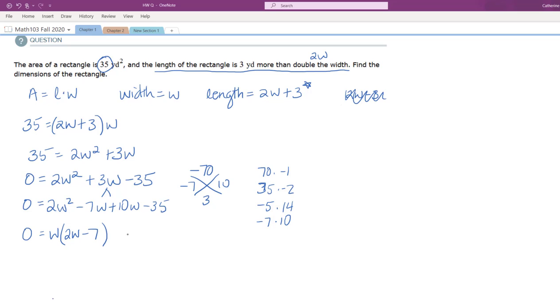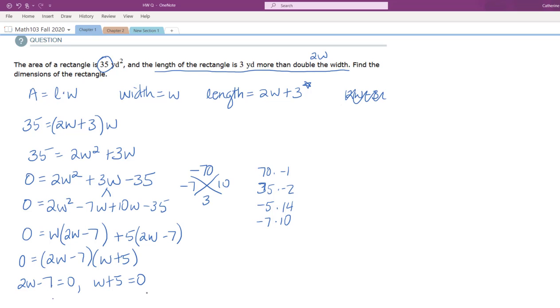Second two, I need to do plus 5, and I'll get my 2W minus 7 again, so that's good. Now the 2W minus 7 is a common factor, and the W plus 5 is my other factor.